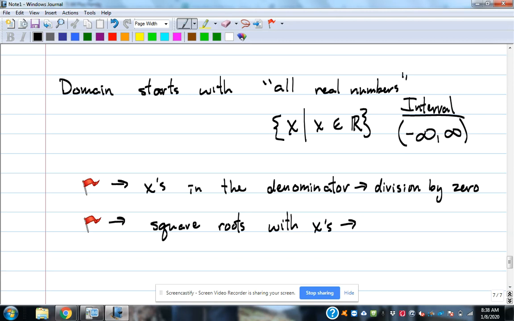We don't want to get into the complex numbers because they don't show up on the graph. If you remember from Algebra 2, when we talked about functions and it had a complex solution, it didn't show up on the graph. It didn't cross the x-axis there. Same idea here. We're going to look at the real number solutions to that. So when we're talking about square roots, we want 0 and positive only.